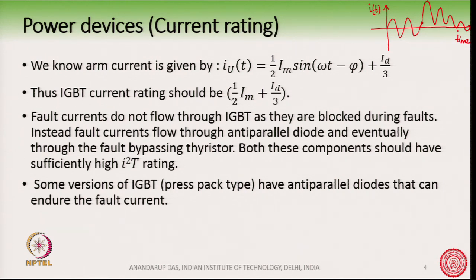The waveform will decay here as per the RLC damping time constant, but the AC circuit breaker will only operate after there is a zero crossing. Before the zero crossing there can be several cycles of the current. So, this is the current which is flowing before the zero crossing here.